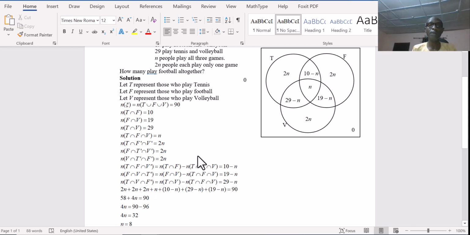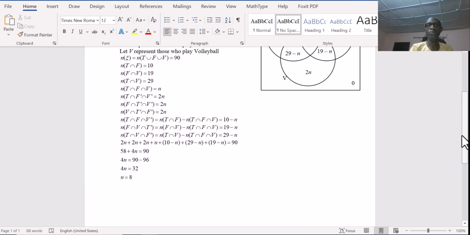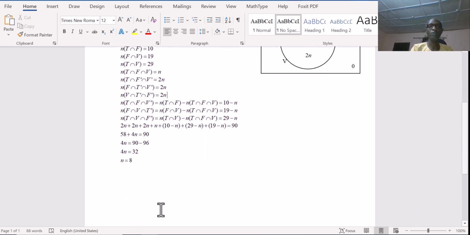Now, our n, all those who are playing all the three games, is given as n. They play all the three games, that's n. So we can say invariably, let me write that out. Copy this and paste.